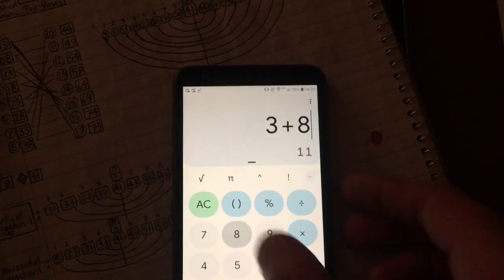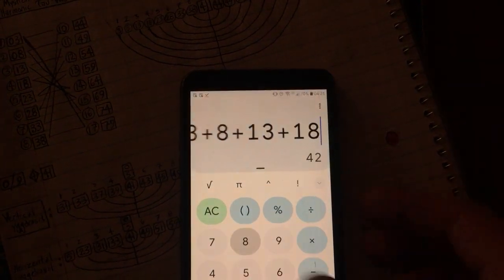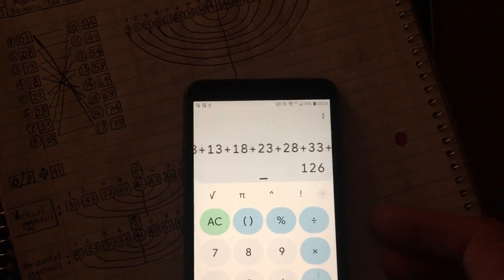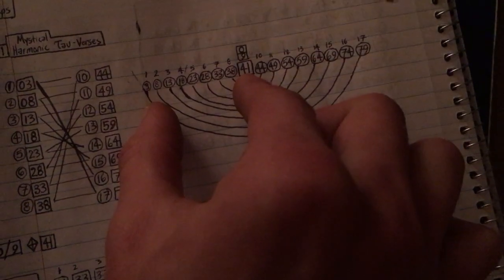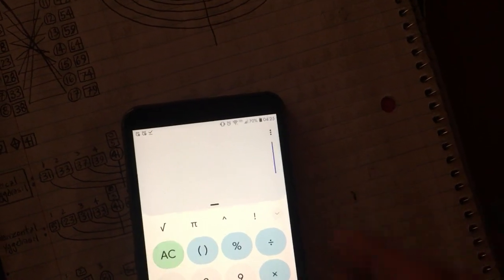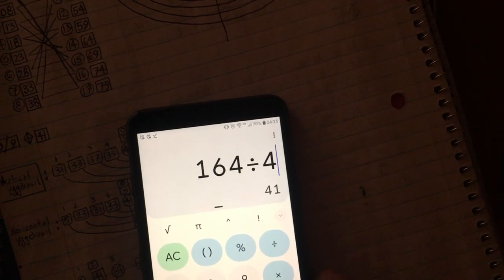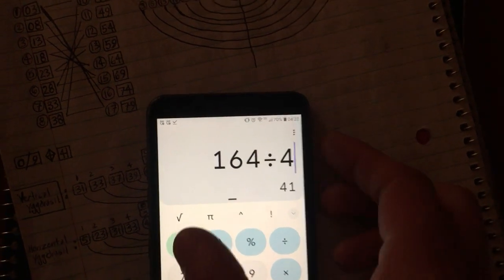3 plus 8 plus 13 plus 18 plus 23 plus 28 plus 33 plus 38. Again, see, the first set sums to 164, which 164 divided by 4 gives us 41. See?